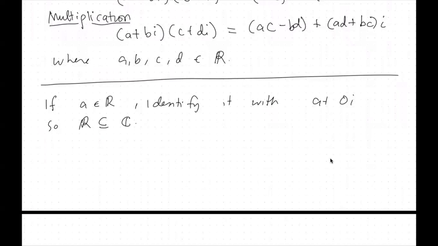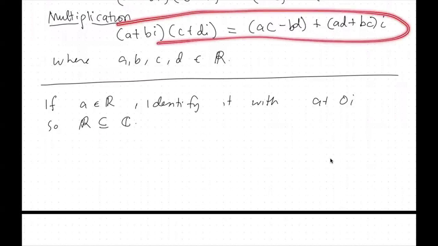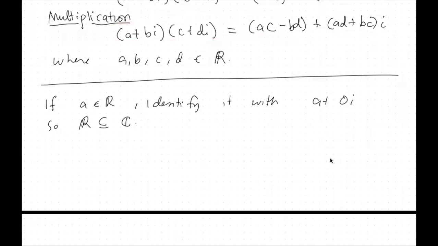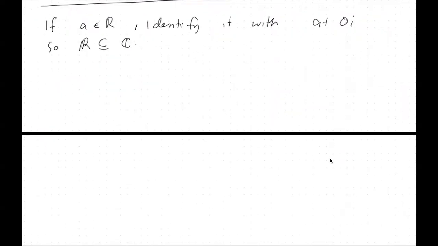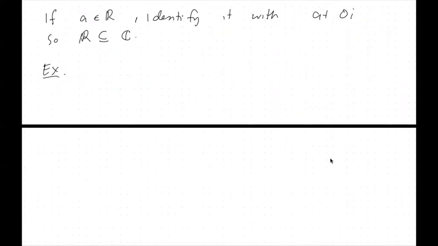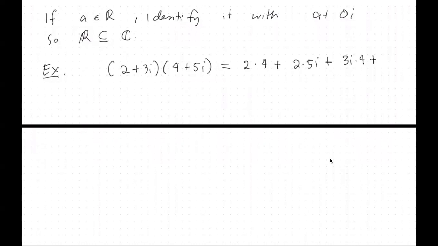For this part, you don't need to memorize. You just recall that i squared is -1, and then this is an example. If we have 2 plus 3i and 4 plus 5i, you just do the usual thing. This is 2 times 4 plus 2 times 5i plus 3i times 4 plus 3i times 5i.